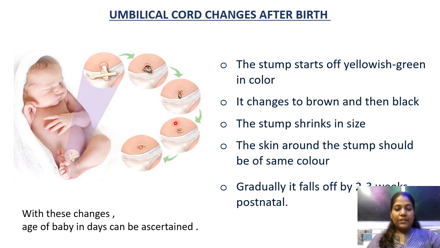The skin around the stump will be of same color. Gradually, it will fall off by 2 weeks. So, if any newborn died a few days after birth, based on the umbilical cord stump changes, we can come to an average or approximate age of the baby in days.